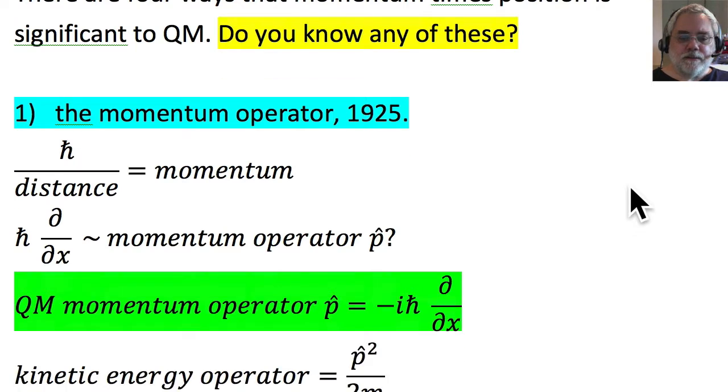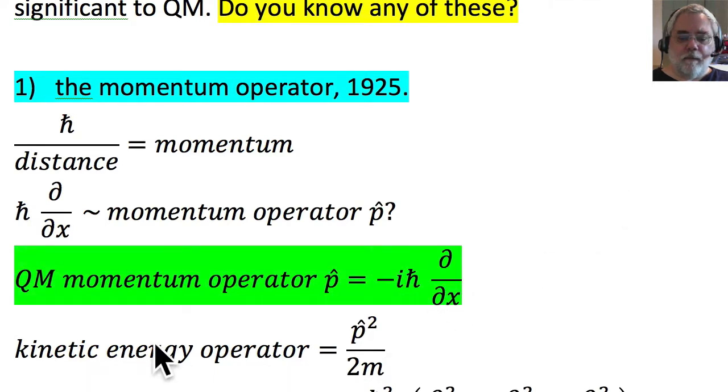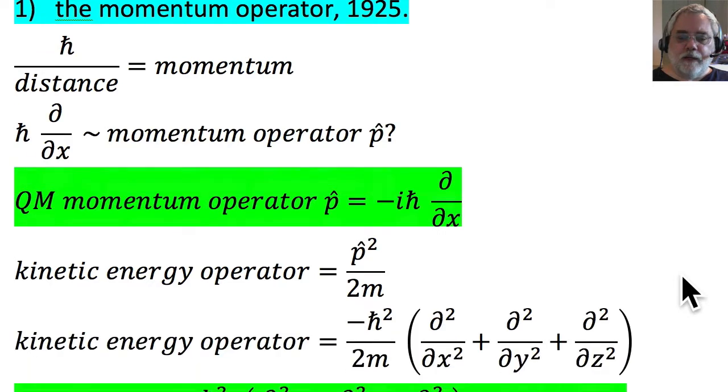What is the kinetic energy operator? Well, kinetic energy is 1/2 mass times velocity squared, or momentum squared divided by 2 times mass. We only did the momentum operator in 1 dimension, but if we were to do it in 3 dimensions in Cartesian space, the kinetic energy operator would be p squared over 2m.